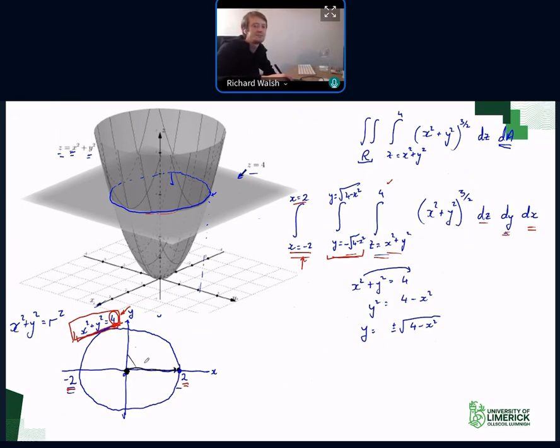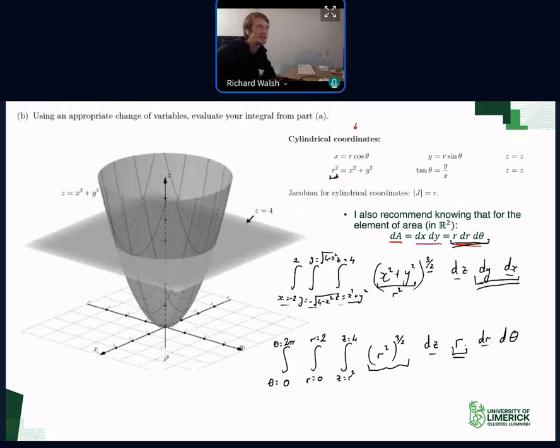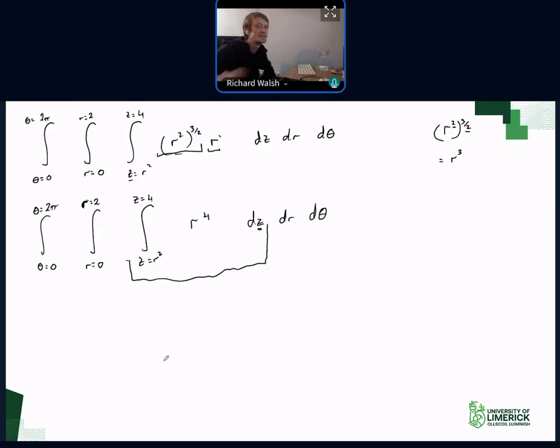And again, all of this should really be shaded in, because when I looked down on this and projected it downwards, this point would also be in there. This point would also be in there, etc. So that really should be a shaded region. So the distance from the origin to any point is from 0 to 2. That's what r is. Remember, I changed them from a Cartesian system to this cylindrical coordinate system. That's what r from 0 to 2 is about, right?